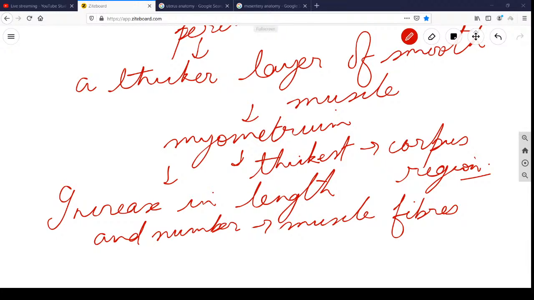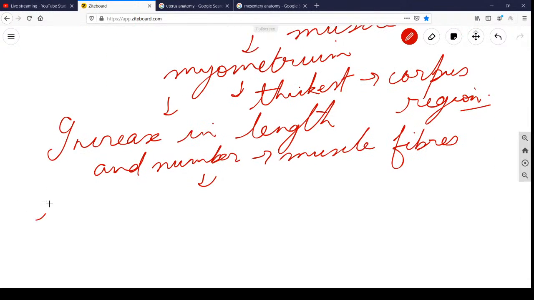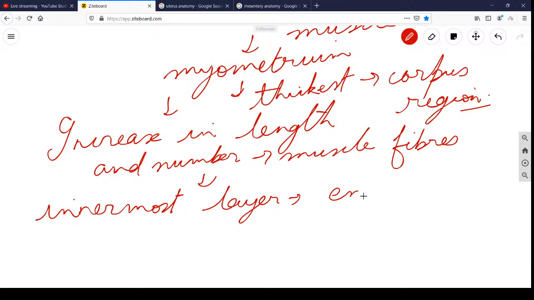Internal to the myometrium is the layer of the uterus that lines the uterine cavity, the innermost layer, known as the endometrium. Now I will also tell you the two regions that define this endometrium.